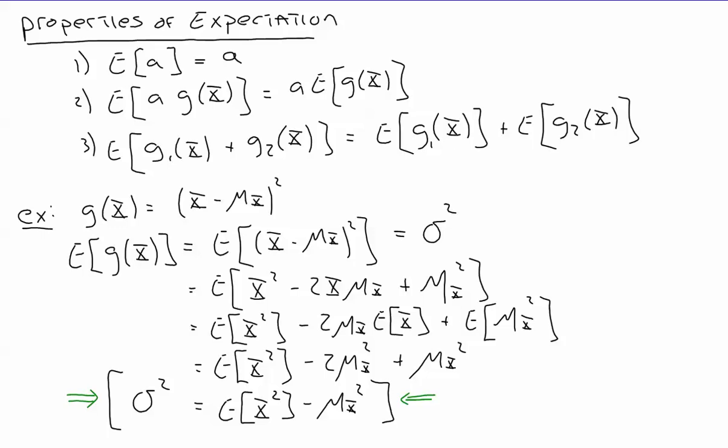All right, let's use our properties to do another example. Actually, this is a two-part example. I told you I was going to do three examples. I'm actually going to do one more example in two parts. So in this case, I'm going to let my function of my random variable be a x plus b, right?